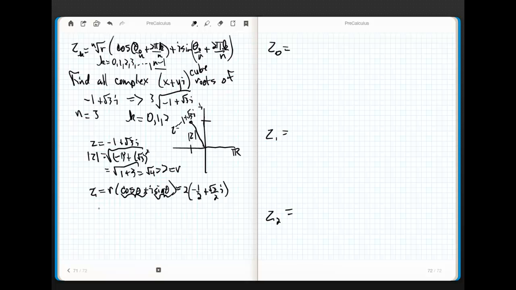If you're not confident at this point, we know that tangent of theta is equal to y over x, and I could go root 3 over negative 1, which is negative root 3. Then I've got to be careful, because if I take the inverse tan of negative root 3, it's only going to spit out values in the first and the fourth quadrant, but this guy's in the second.